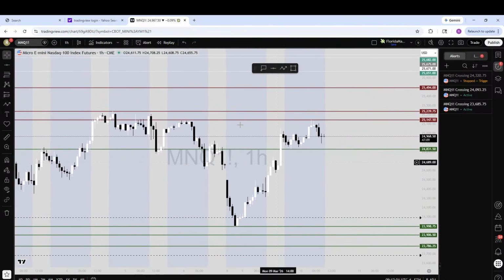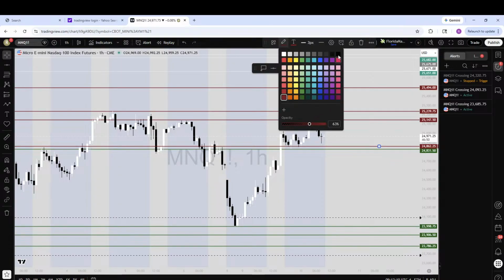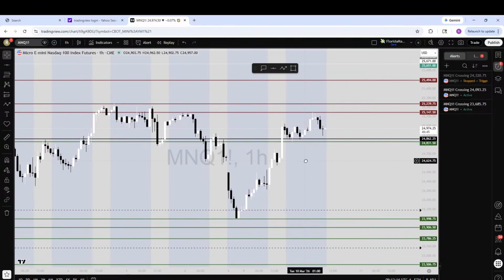The 1 hour. The first thing I want to do is look for the midnight candle. There's a midnight candle right here. I like it to be black. Okay, so now we look for gaps. That's a gap right there.